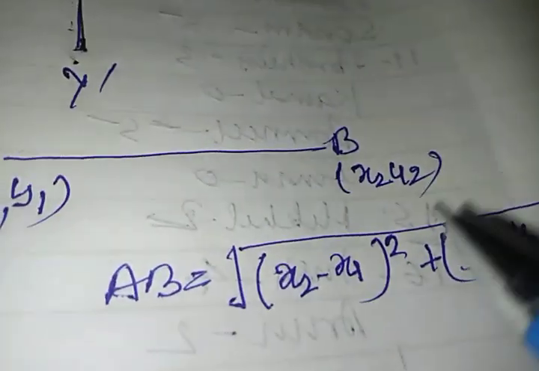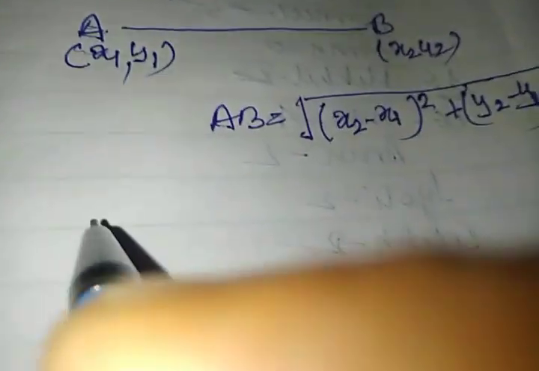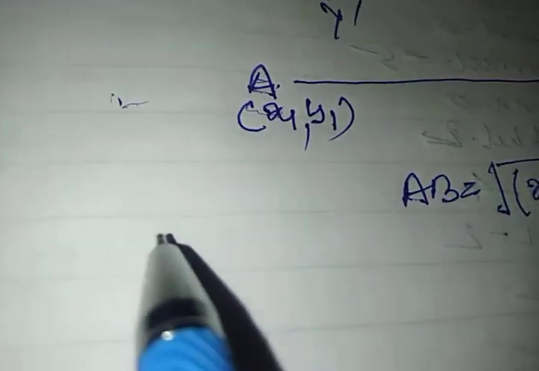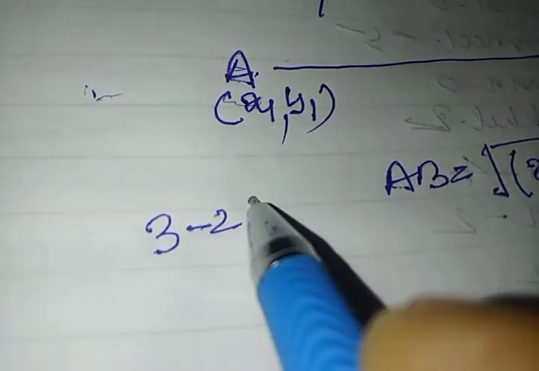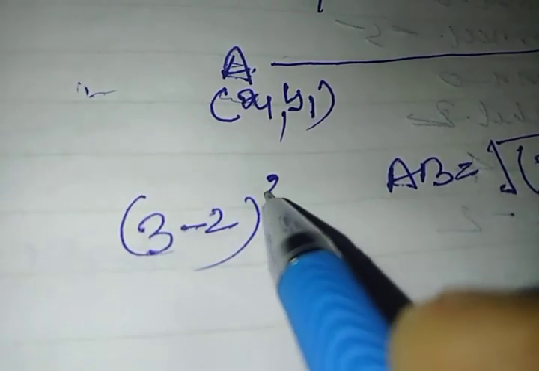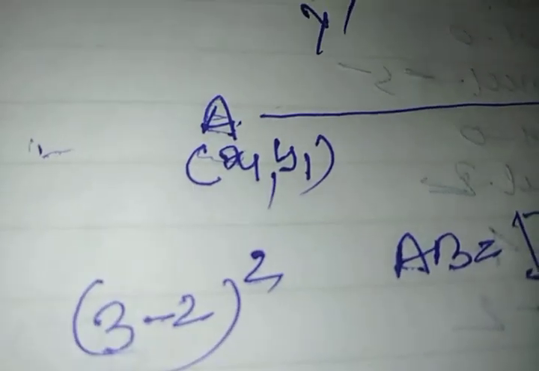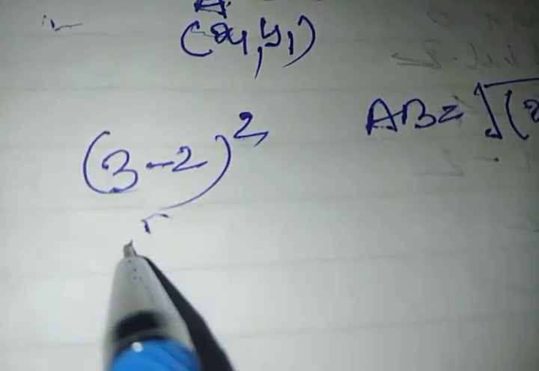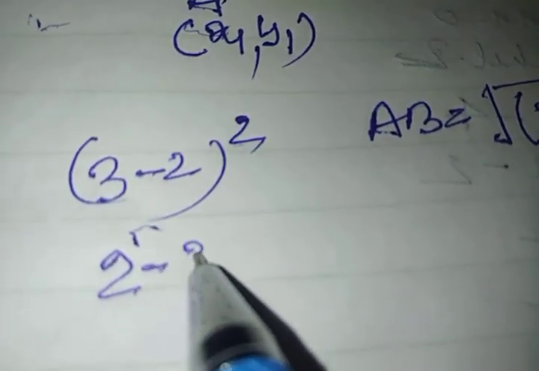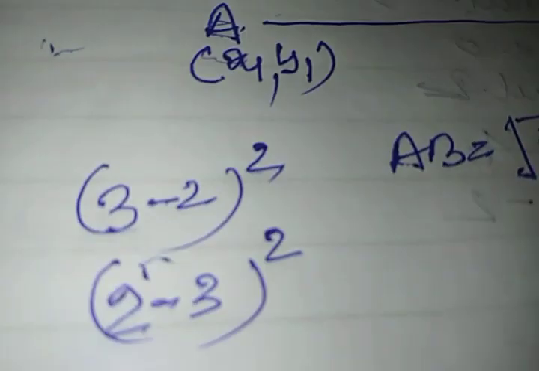See one thing: for example, if I write (3 minus 2) squared, or the reverse, (2 minus 3) squared, is there any difference?